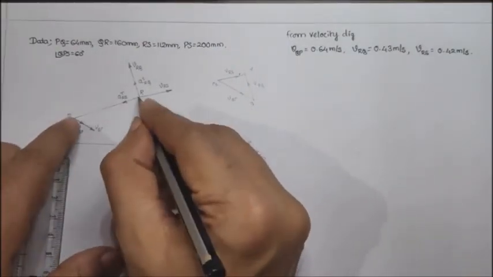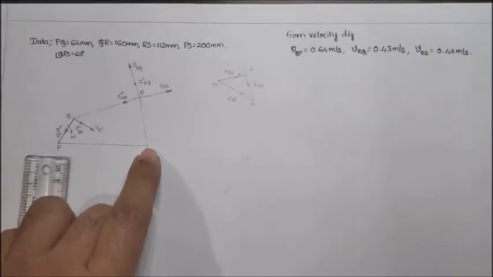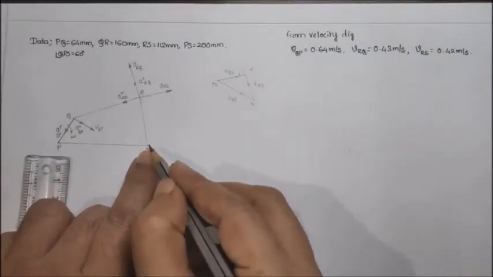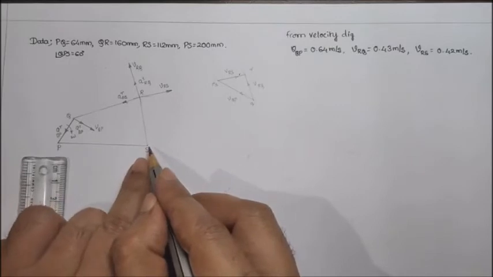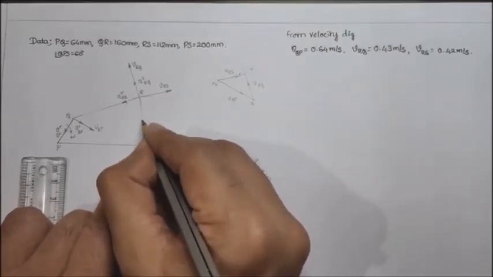Next, our movement from here is finished. This is the S point, our fixed point. From this fixed point we have to find the acceleration.